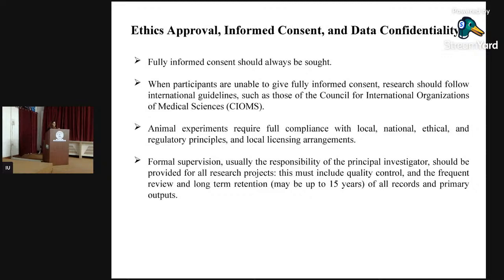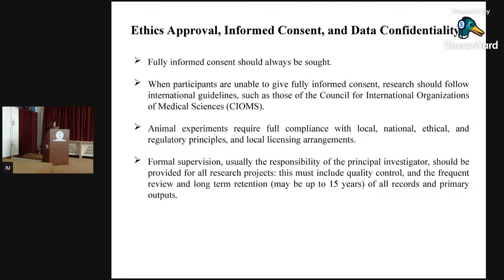So fully informed consent means that they should be able to understand what is being done in the language that they can understand. If they are proficient in Hindi, please explain to them in Hindi, right? And do not use a lot of jargon.